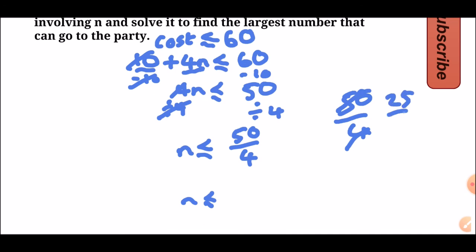Then you can ask yourself, how many 2s go into 25? That's 12. 2 times 12 is 24, with a remainder of 1, so the answer is 12 and a half. So n has to be equal to or less than 12 and a half.